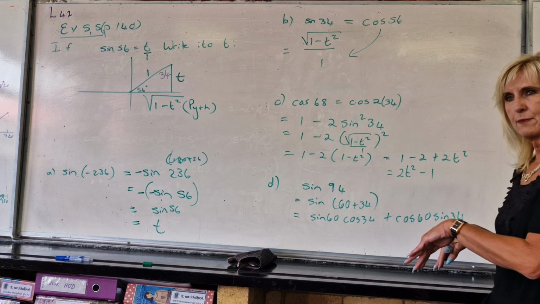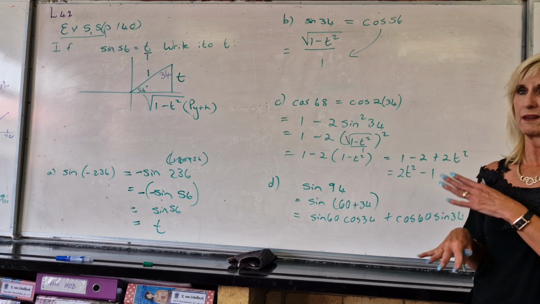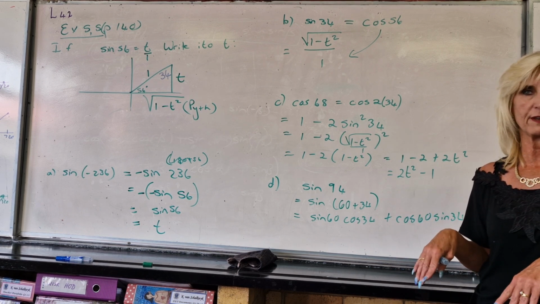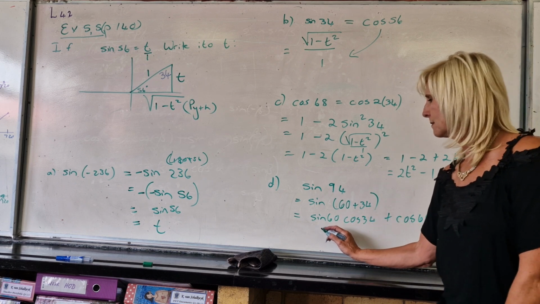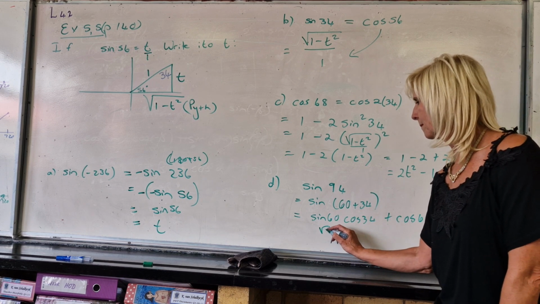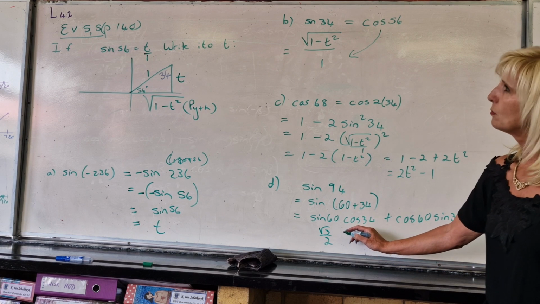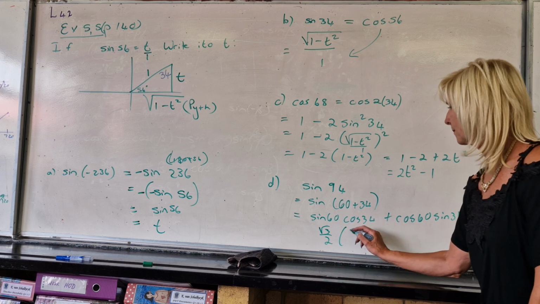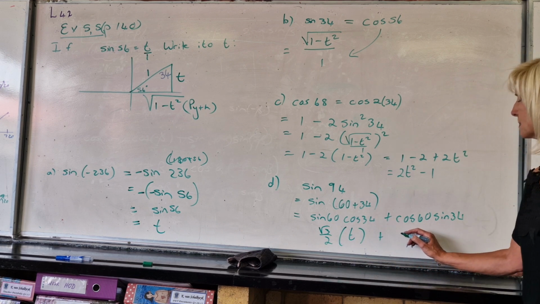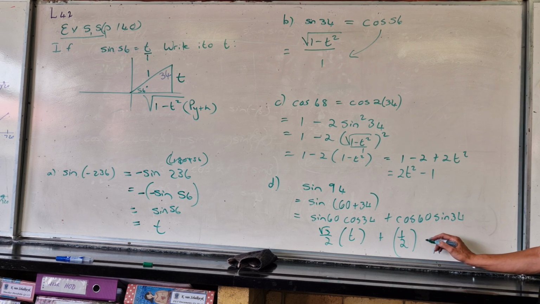Then you've substituted back in, and then the substitution would most probably make it a horrible simplification, but that's the last mark of it. Sin 60 and cos 34, where cos 34 is t. Cos 60 and sin 34.